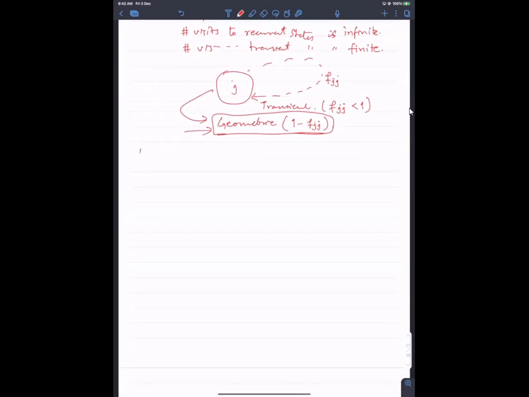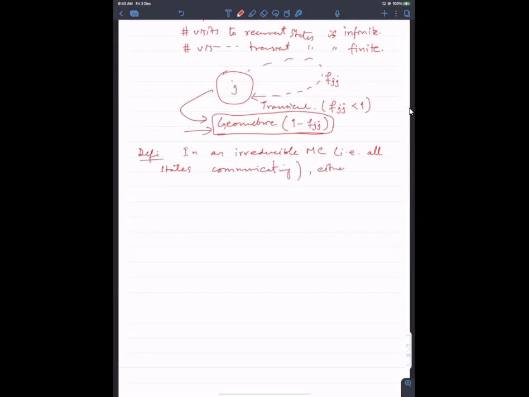So I also have another definition or theorem. In an irreducible Markov chain, that is, all states communicating with each other, okay?